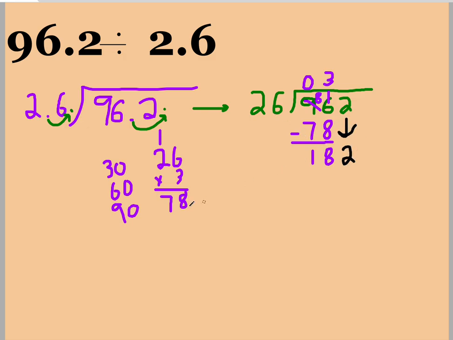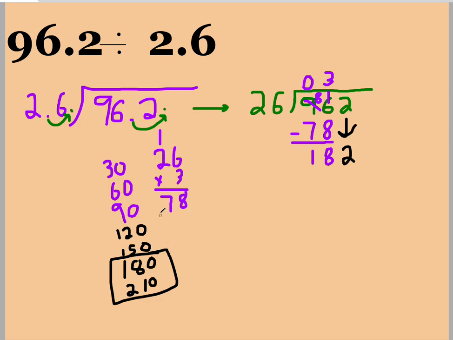26 into 182. Seems like it's going to be more than 3. Let's keep going with our multiples here. So I would have 120, 150, 180. So that's 6 multiples. My next multiple would be 210. So I'm guessing it's either 6 multiples or 7 multiples.